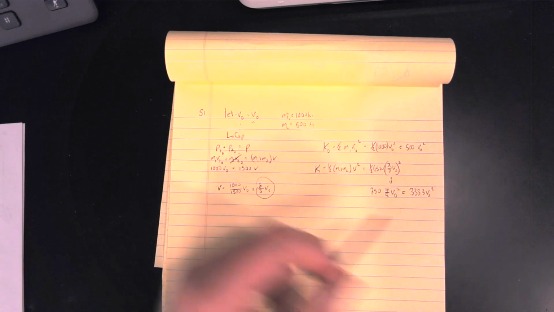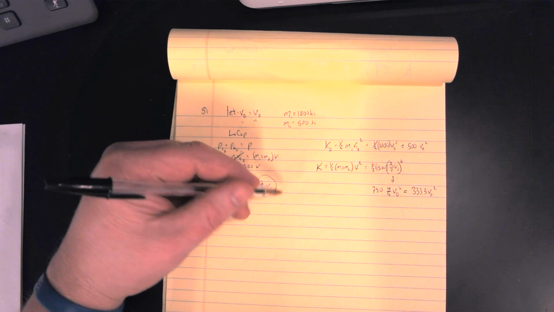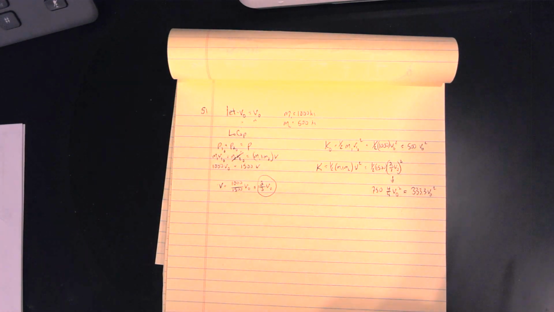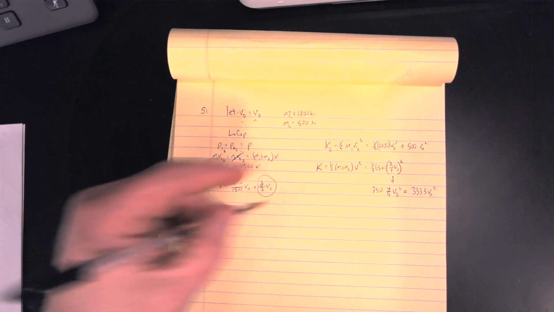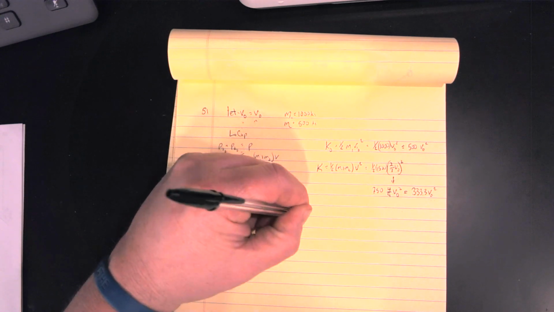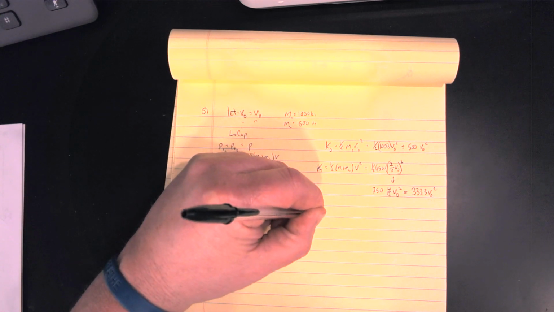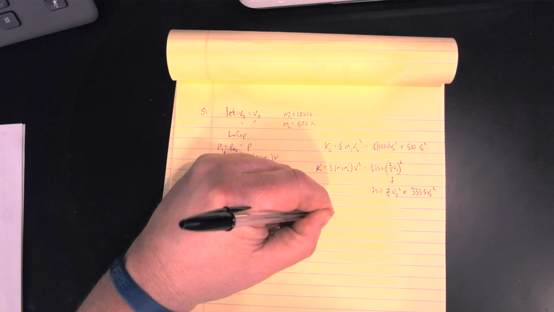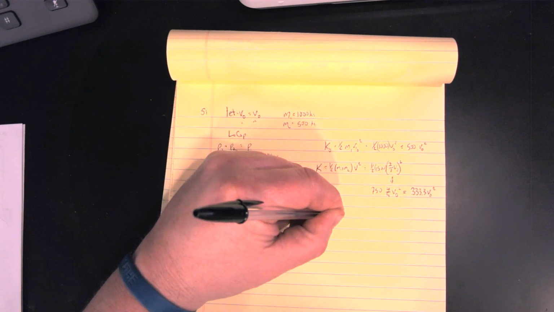333.3 v naught squared. So if I want to find out the percentage lost, I'm going to find the difference between these two. If I take 500 and subtract off my 333.3, the K lost is equal to 166.7 v naught squared.